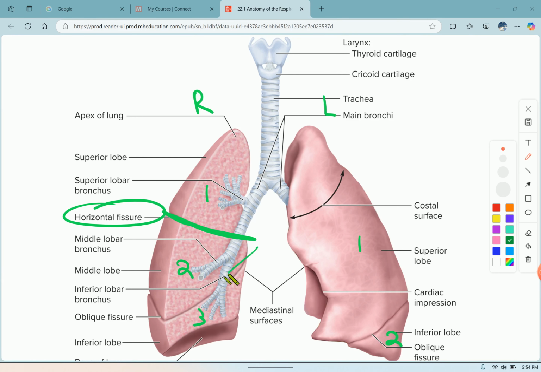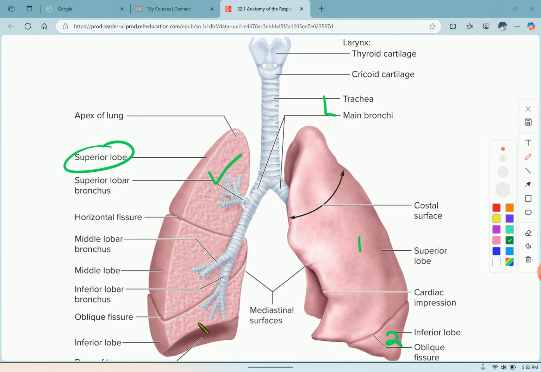And then we have another fissure that's diagonal. Of course, the fancy word for diagonal is oblique in the anatomy world. So we have the horizontal fissure and the oblique fissure, and that separates those lungs into the 3 lobes, simply named after location: superior lobe, middle lobe, and inferior lobe.